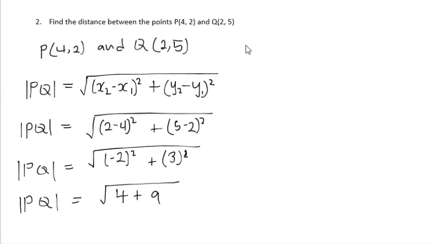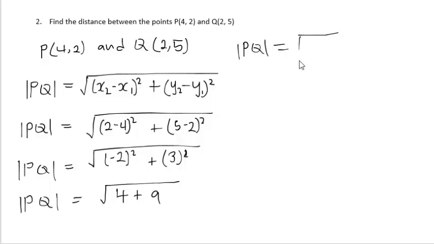So let's come back here. PQ distance is giving us 4 plus 9, which is 13. So this is the square root of 13. So that is our final answer.